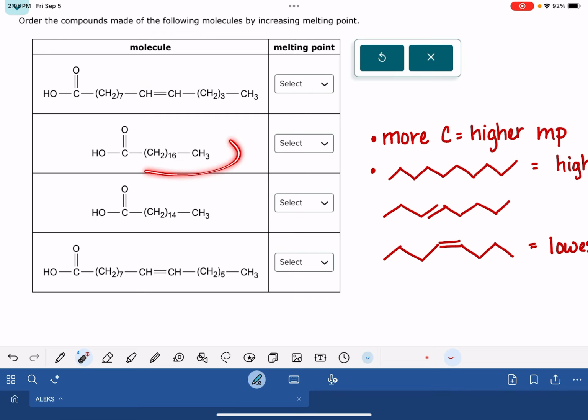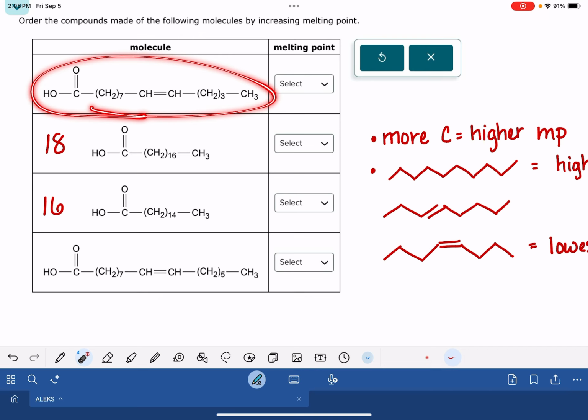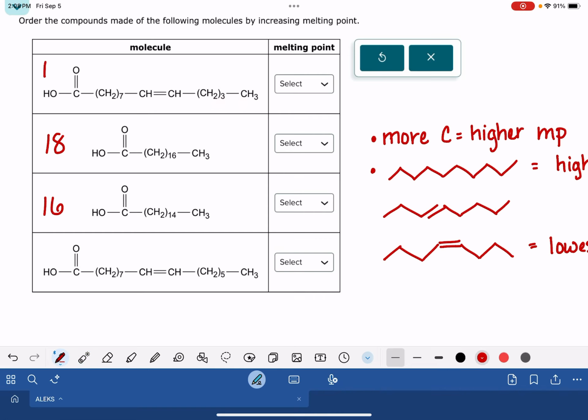So this molecule right here, let's just count up carbons. This molecule has 18 carbons. The next one has 16 carbons, and I'm doing that just by 16 plus 2, 14 plus 2. This first molecule has 1 plus 7 is 8, 9, 10, 11, 12, 13, 14 carbons. And the one at the bottom has 8, 9, 10, 15, 16 carbons. These 2 molecules right here have no carbon-carbon double bonds in them at all.